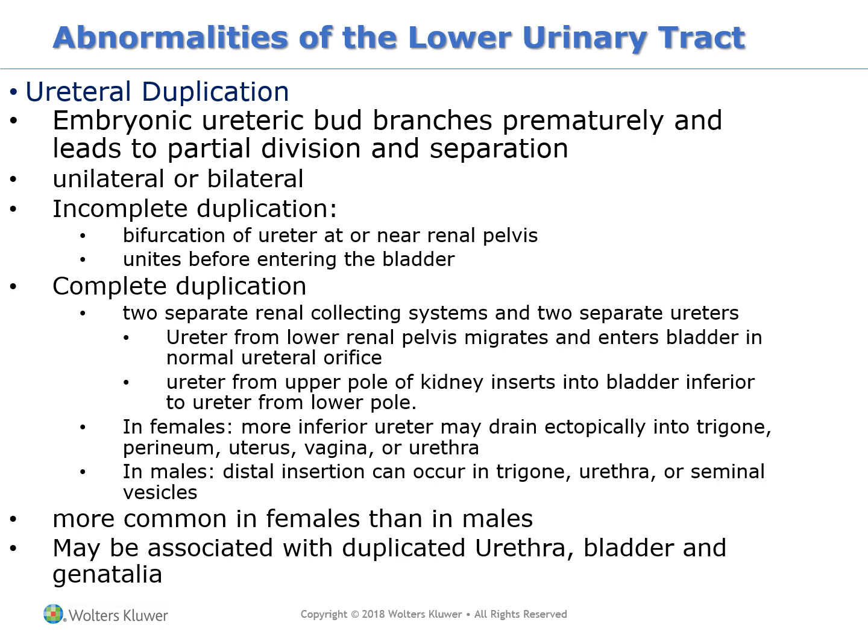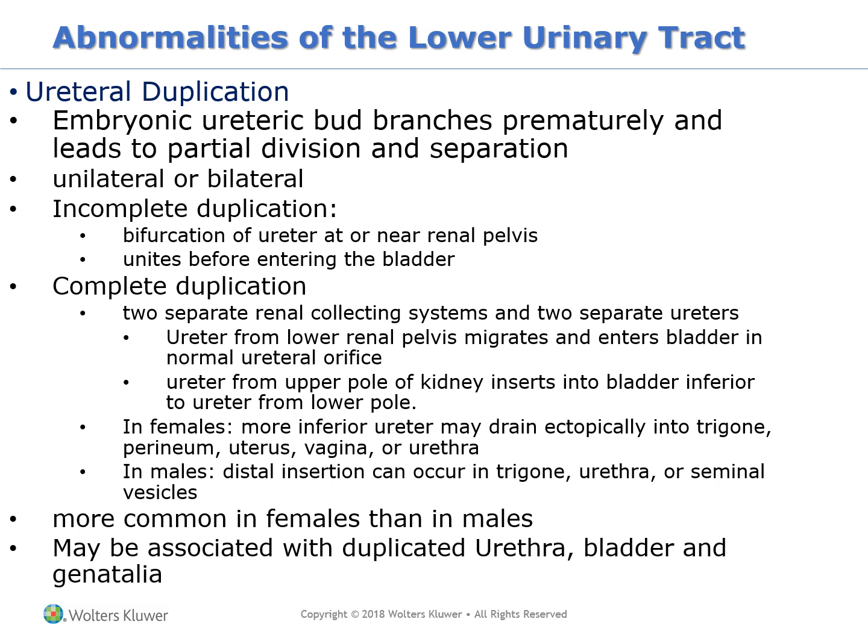So an incomplete duplication would be where the bifurcation of the ureter is near the renal pelvis, but it joins with the ureter, and only one ureter on that particular side would empty into the bladder. If it's a complete duplication, we would have 2 separate renal collecting systems, 2 separate ureters, all the way superiorly to inferiorly, and we would have 2 separate inserts or UVJs on a particular side of the bladder.